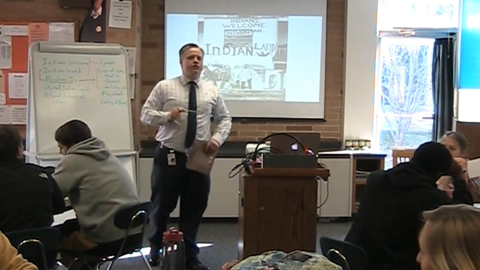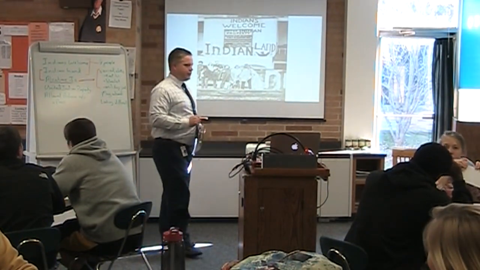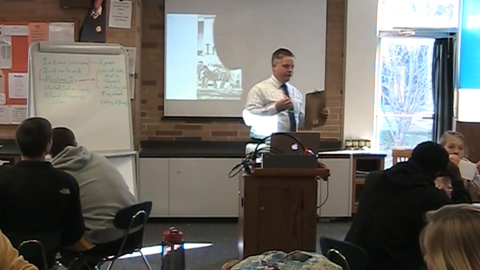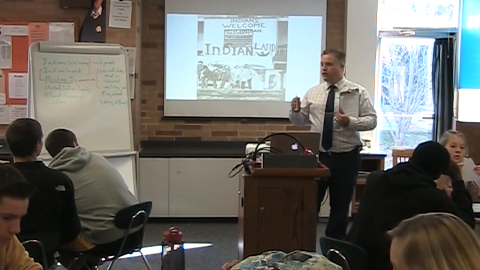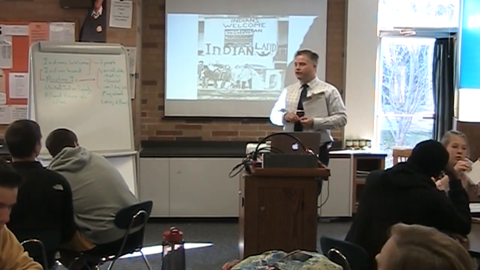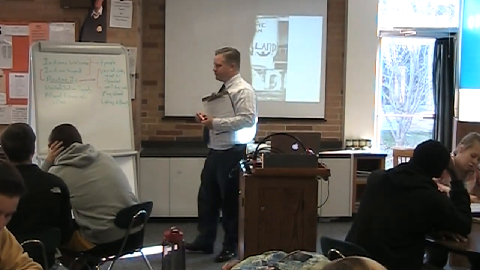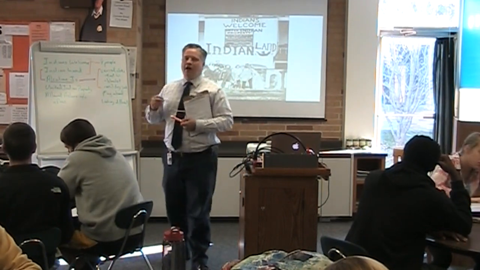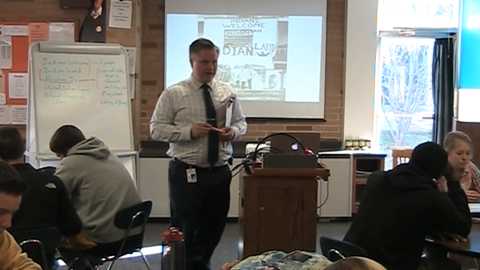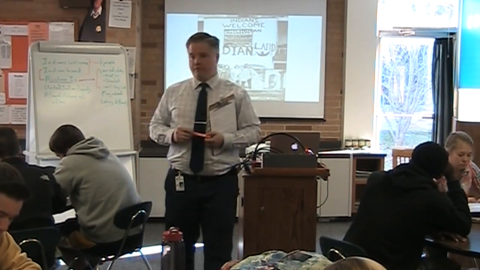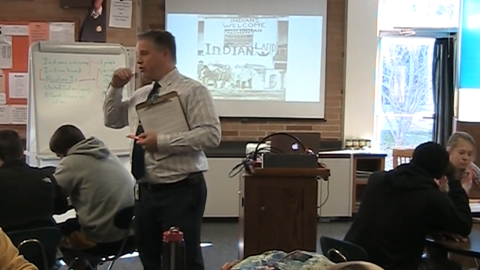Now, to wrap this up, you'll notice I gave you an example of inferencing. Working with a partner, you developed an example of inferencing. Now, I want you on your own to do one. On your piece of paper, write down what you observe.